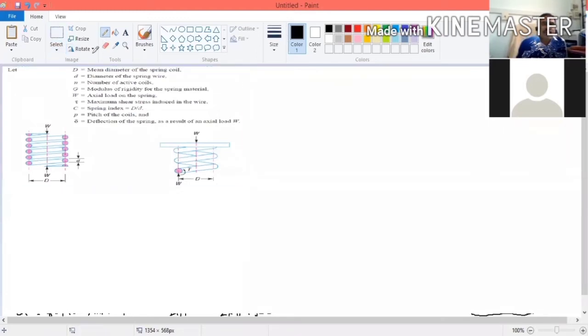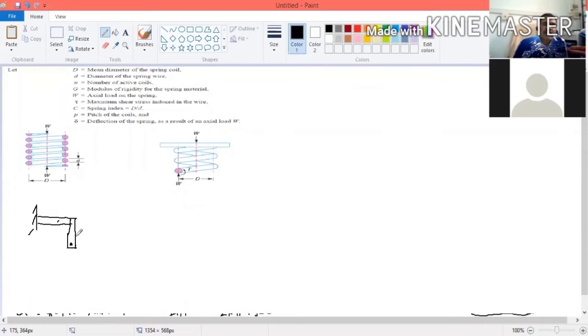Before deriving this, we must know that, for example, here there is a body. We have a lever like this, and when you apply a force here, this will be subjected to torsion.